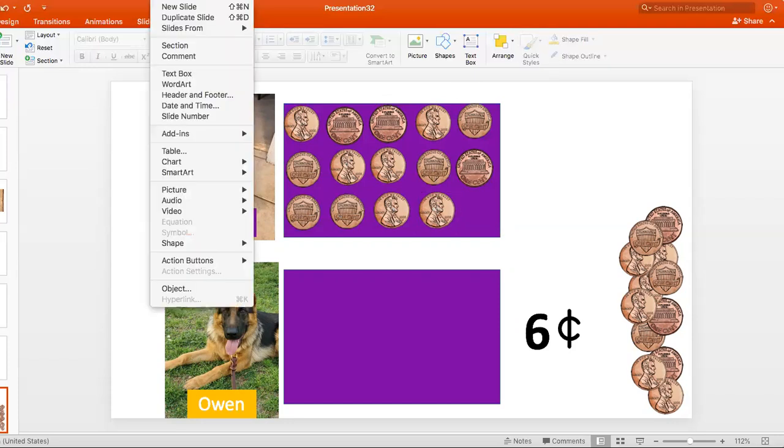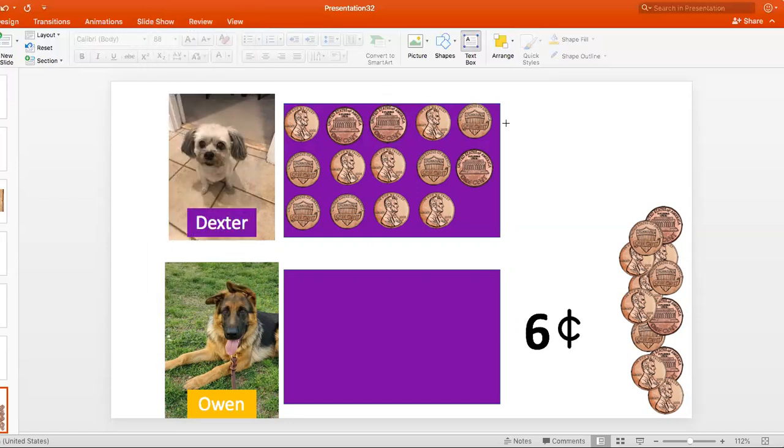I'm going to type in how much he is worth. Dexter is worth 14 cents. I'm going to copy the little cent symbol here so it can fit, because I have to make sure I have it there. Since I'm typing, it's a little more difficult. All right, Dexter is worth 14 cents at the pet store.